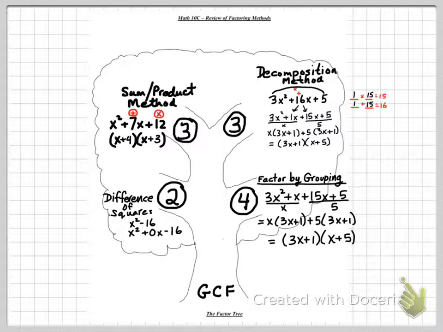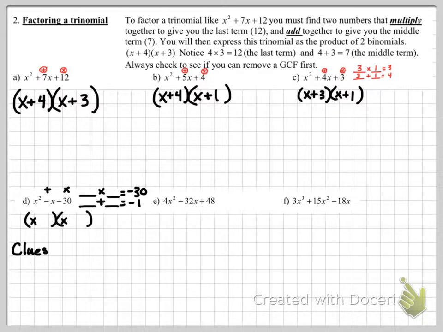And what we're looking to see is if we can factor it where two numbers multiply together to give us negative 16, but add up to 0. And those are going to be positive 4 and negative 4. So it's going to be x times x is x squared, the first term, and in the second term we're going to have the square root of the 16 as positive 4 and minus 4.